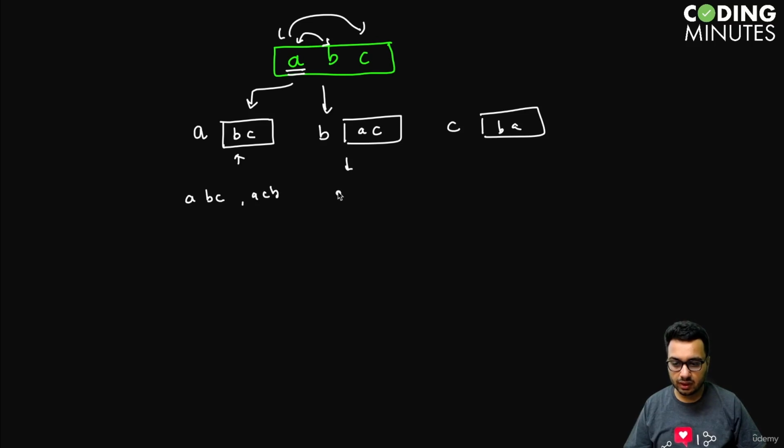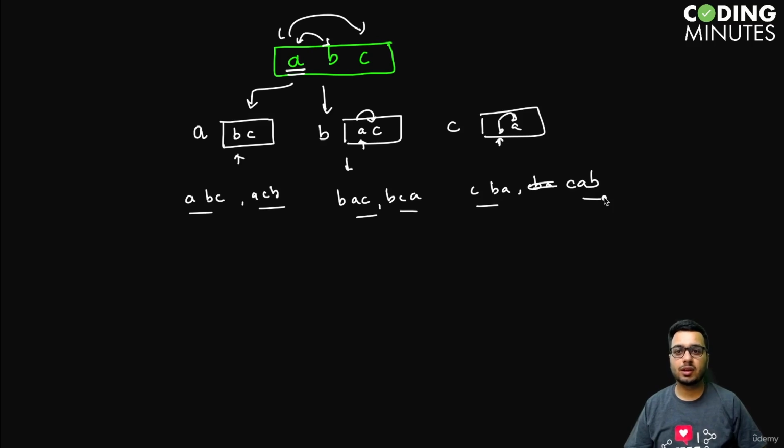You do the same thing for the second, and you get either A at the first place, giving BAC, or C at the first place, giving BCA. Similarly here, either you have B at the first place, you get CBA, or you have A at the first place, that is CAB. So you can see you got 6 such permutations.